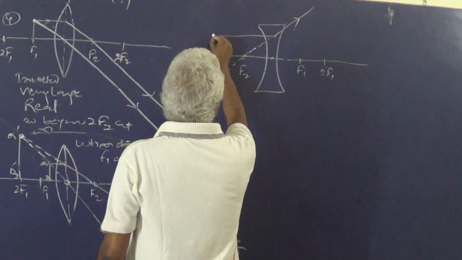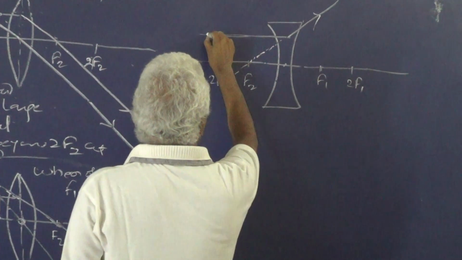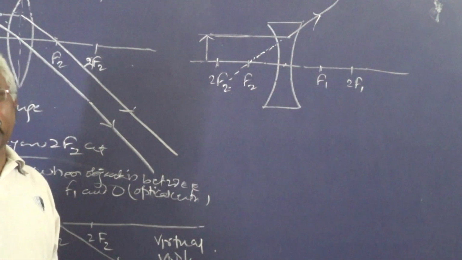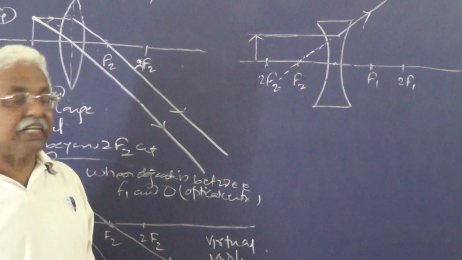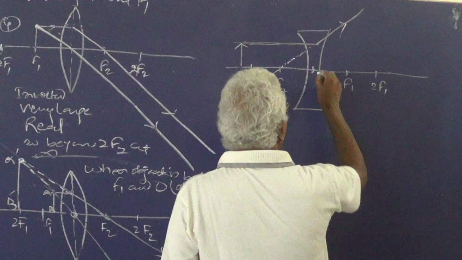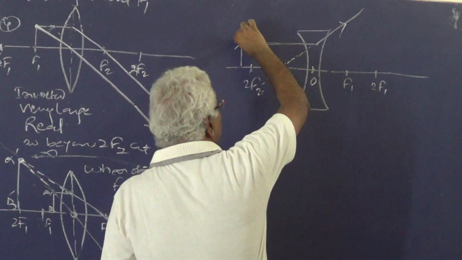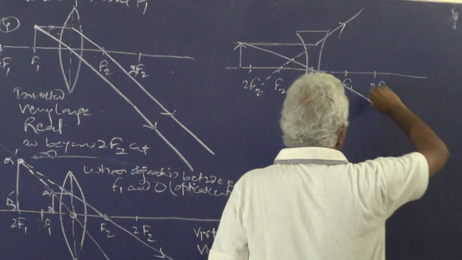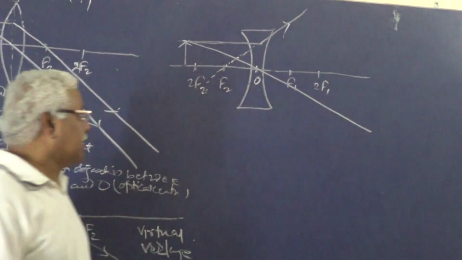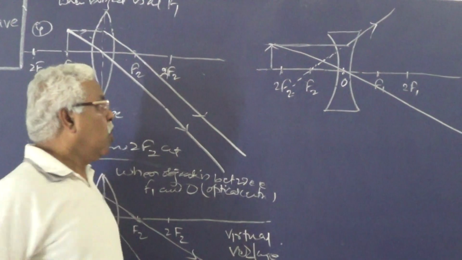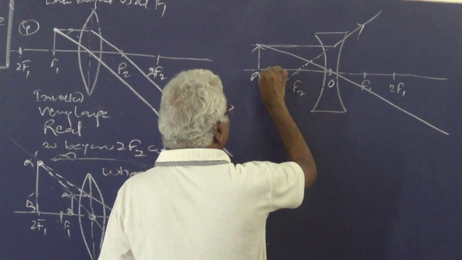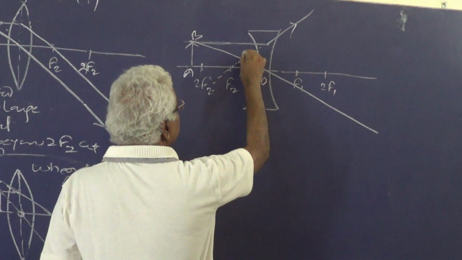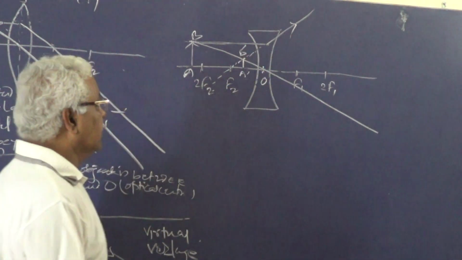If the object is beyond 2F, here is the object, then the second ray will pass through the optical center, that is O. So what happens? The object is here, A, B. The image is A dash, B dash. Here, both the rays intersect.